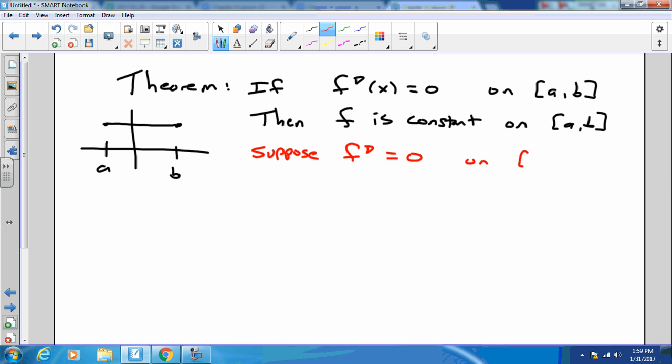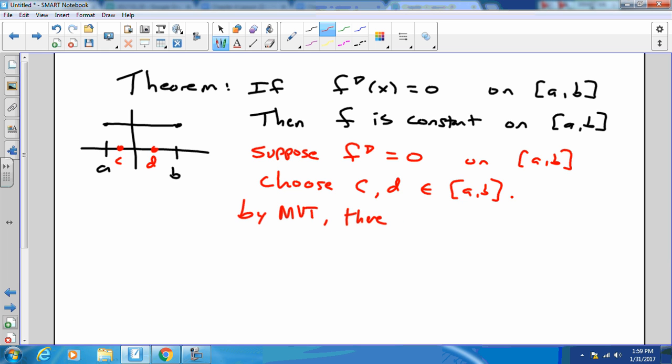Let's do it like this. Let's suppose that f prime is equal to 0 on a to b, and choose some c and some d. Now, since f is differentiable on the closed interval a to b, therefore it is also continuous, and so the mean value theorem applies.